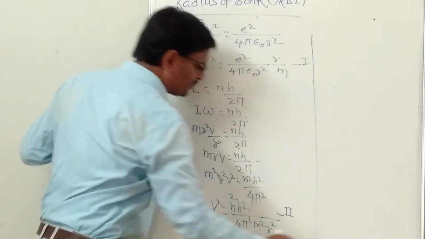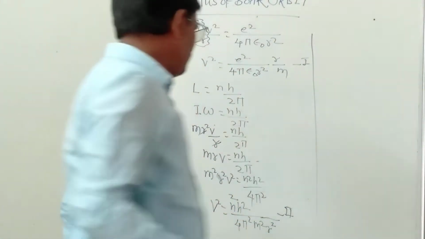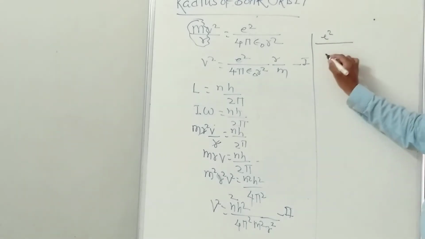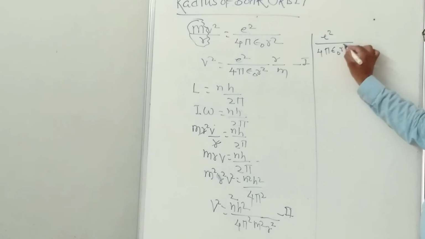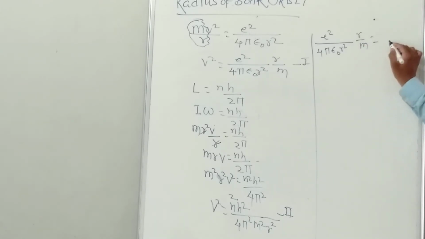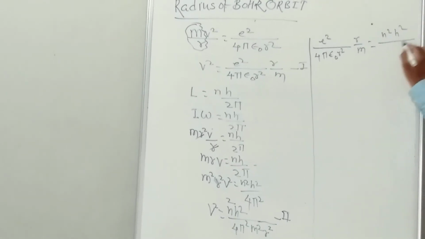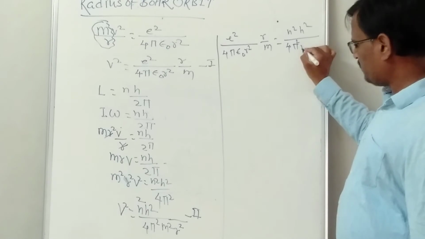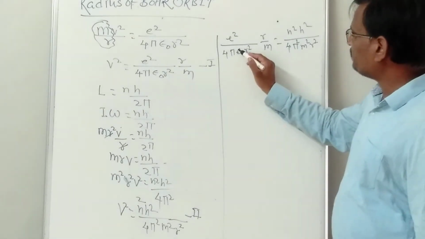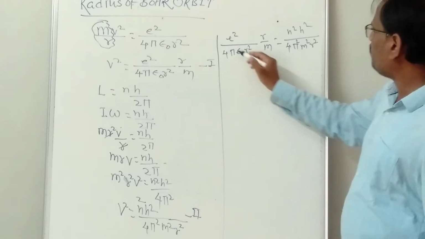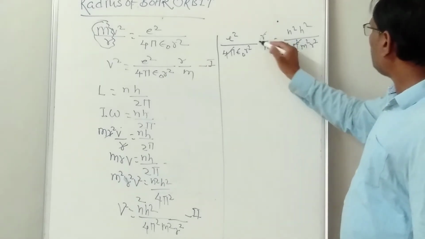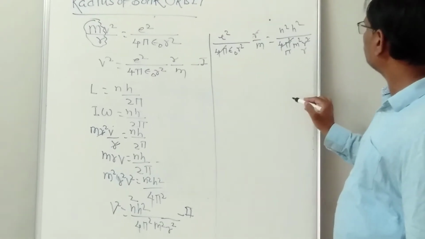After comparing these two equations, I may write here e² upon 4πε0 r² times r upon m, which is equal to n²h² upon 4π²m²r². So 4π and 4π get lost, and r gets lost, simply r is left.